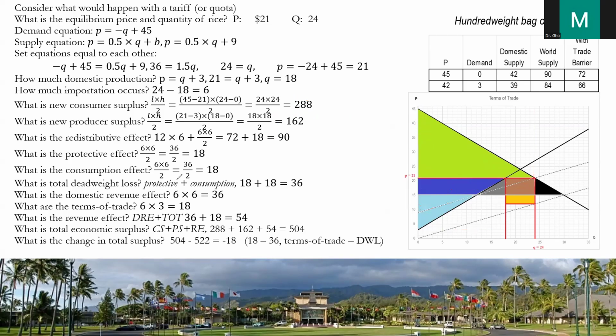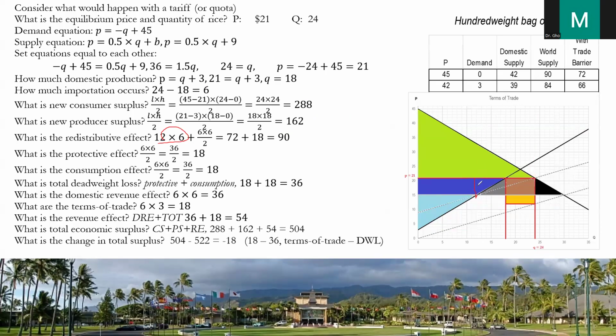What is the redistributive effect? The redistributive effect is the dark blue area. It was at $15 before. So we take that previous $15, plug it into the domestic supply curve, and we'll have 12 right here. This is the height of 6, so 12 times 6, we have this.